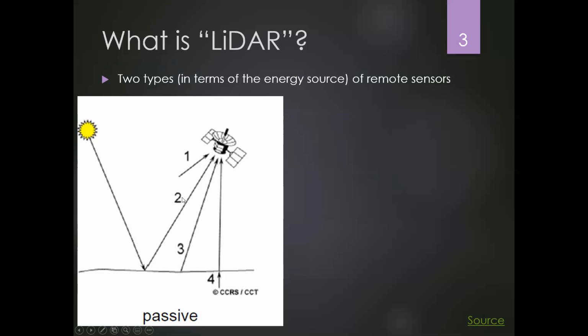So we have 4 energy sources, and the only useful one is energy source 2, which is the sun. Energy sources 1, 3, and 4 are all useless. When we process remote sensing data, we will try to eliminate 1, 3, 4, and only keep 2. Okay, that's passive remote sensing.